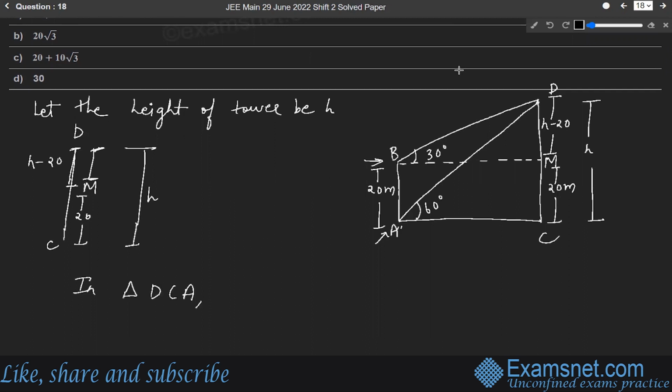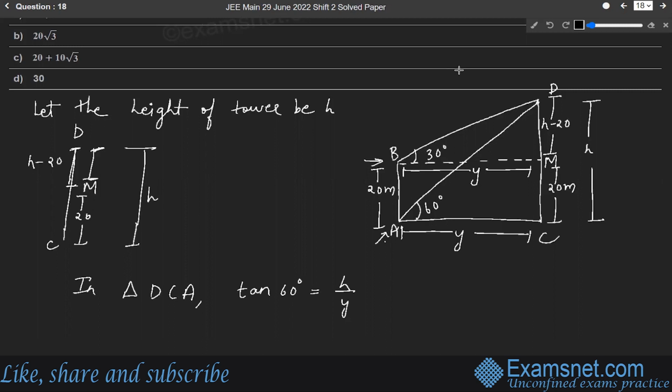In triangle DCA, if we take tan theta, meaning tan 60, it will be equal to H upon Y. Let us consider this as Y. If AC is Y, then BM will also be Y. We have considered the distance from the pole to the tower as Y. Tan theta is perpendicular upon base.